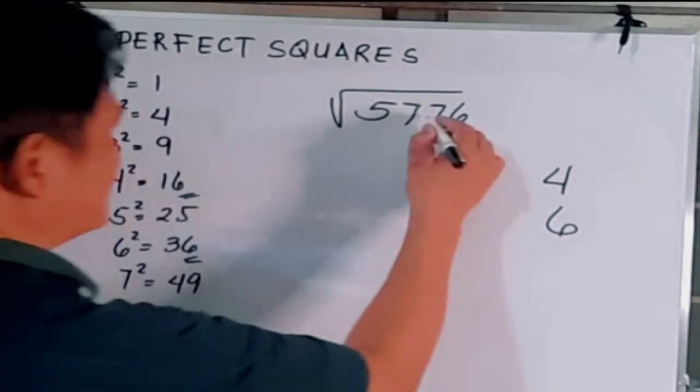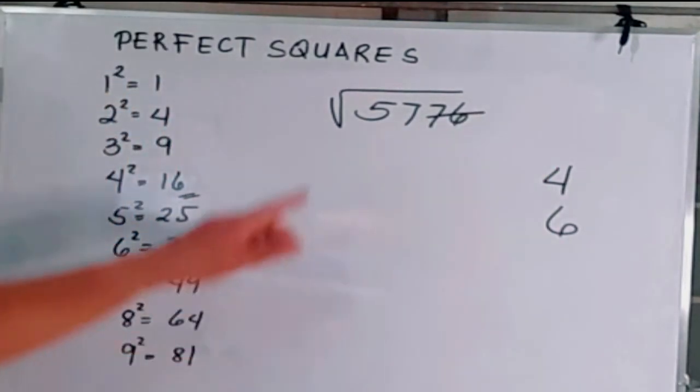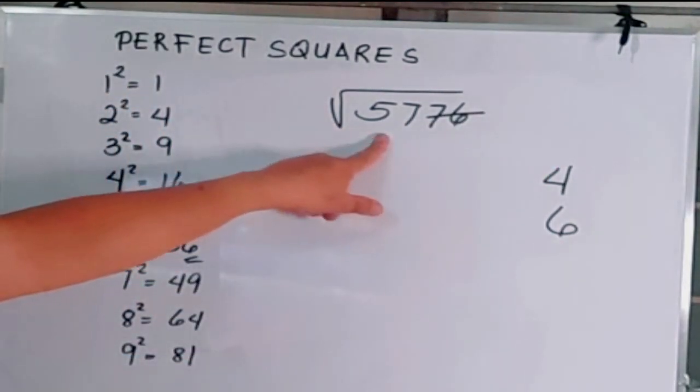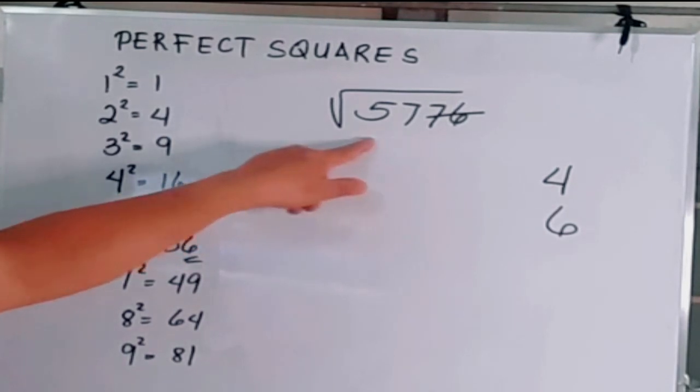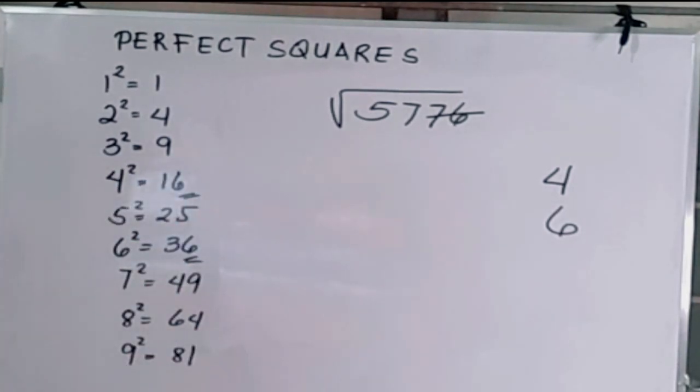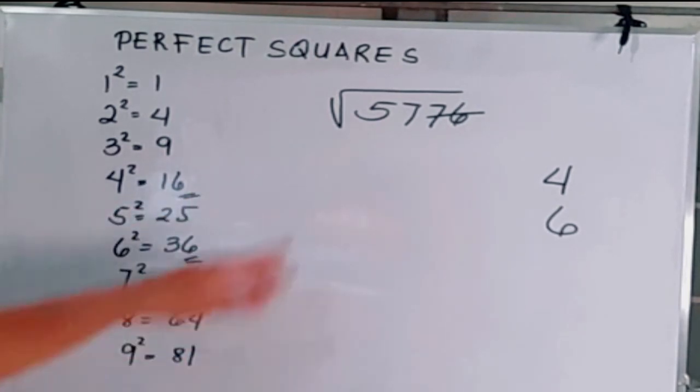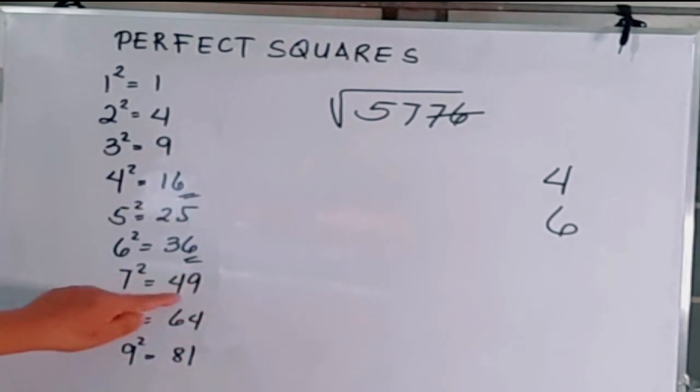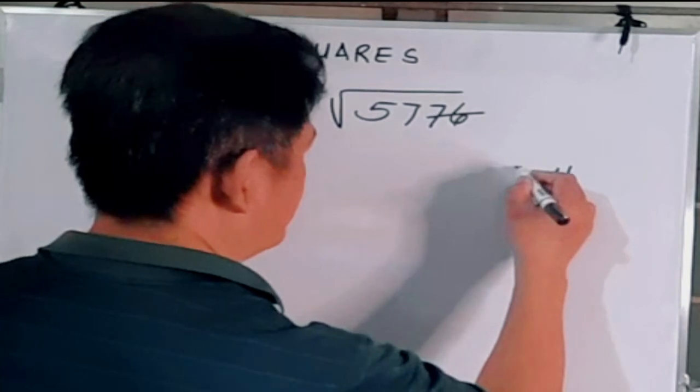So let's cross that out. What is the perfect square lesser than 57? It's not 64 because 64 is greater than 57. Therefore, it should be 49. 7 squared is 49. That means your first digit is 7.